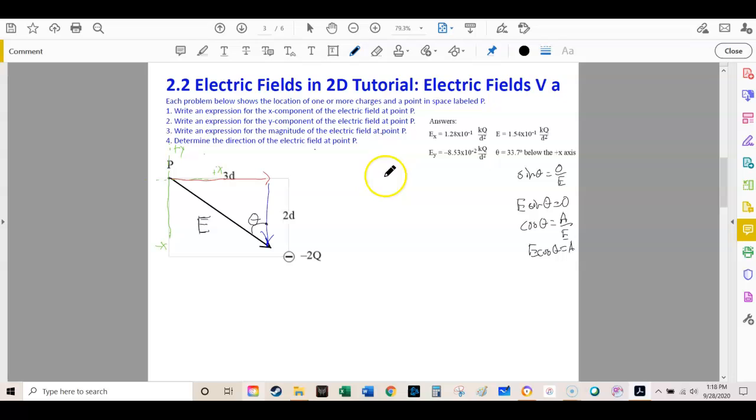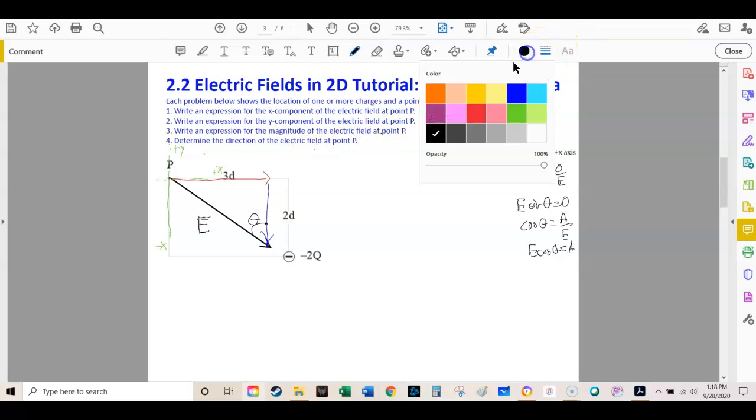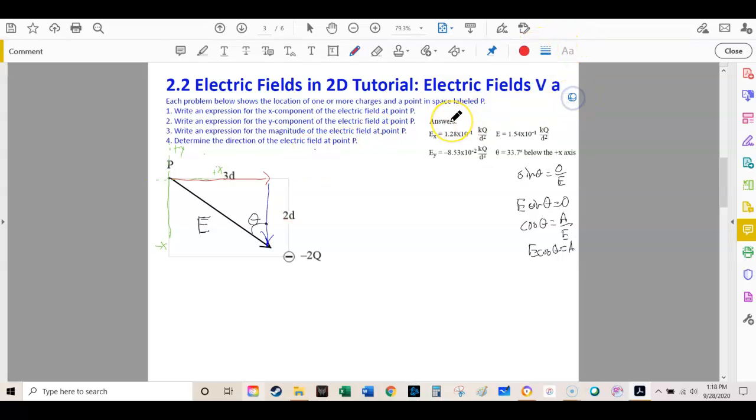Which one of these two arrows, the blue or the red, is going to be the opposite side of the angle theta? What do you think? Well, the red side is going to be the opposite side of the angle theta, and so that side is now going to be called E cosine of theta.